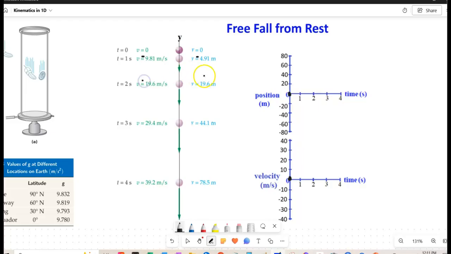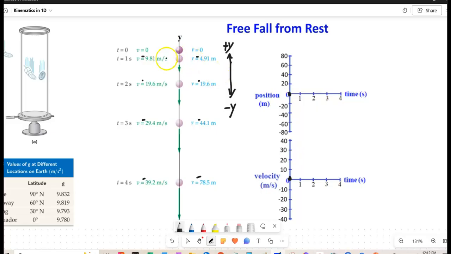They're going to be dropping down. And since its velocity vector is down, and we're considering down as the negative y direction and up as the positive y direction, just like to the right is positive and to the left is negative, up is positive, down is negative.